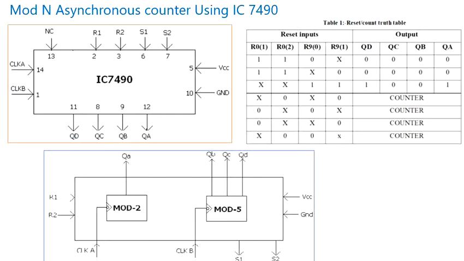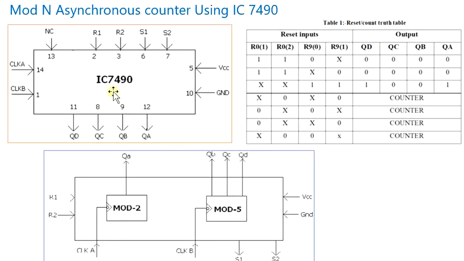If both reset inputs, that is R01 and R02, are at logic 1, then the flip-flops will be reset and the output QD, QC, QB, QA will be all zeros.